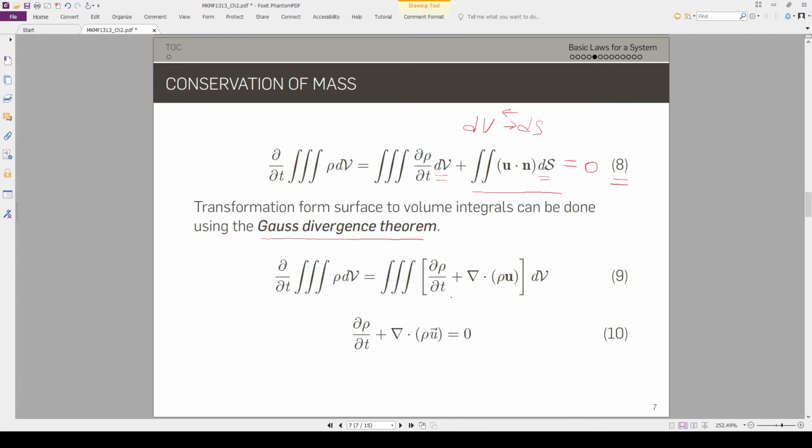So after we apply the Gauss divergence theorem, we are able to rewrite our conservation of mass equation in the volume integral as a whole. We can lump everything, and now they are written as a volume integral.